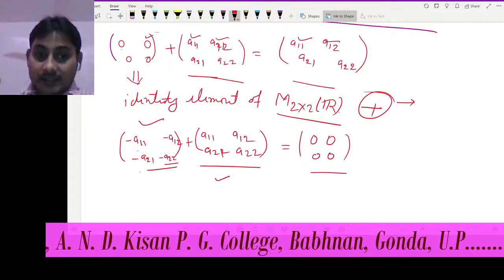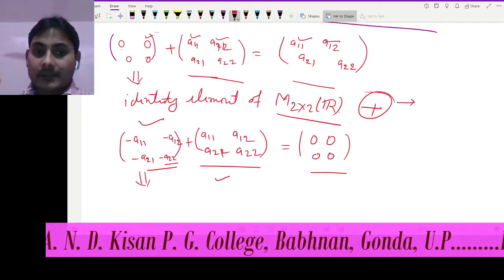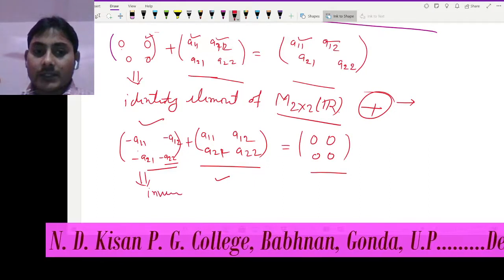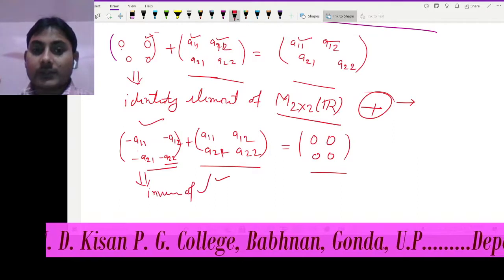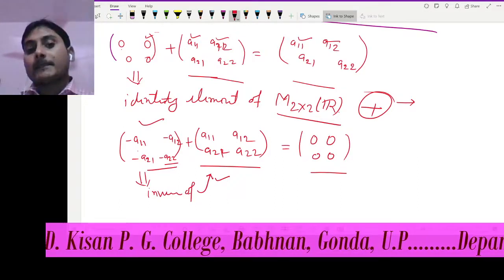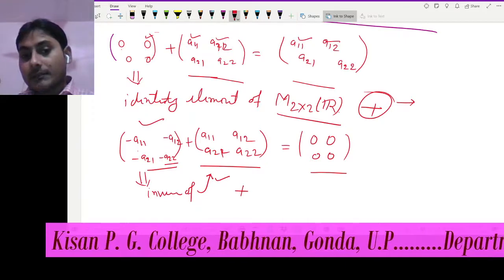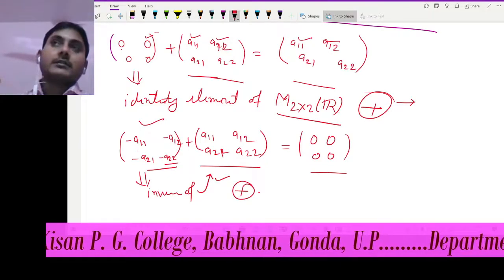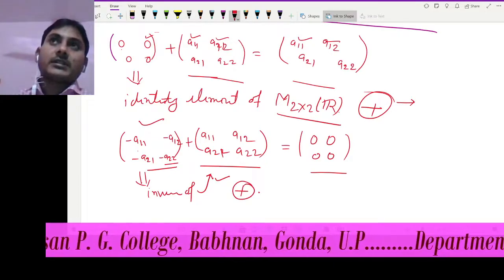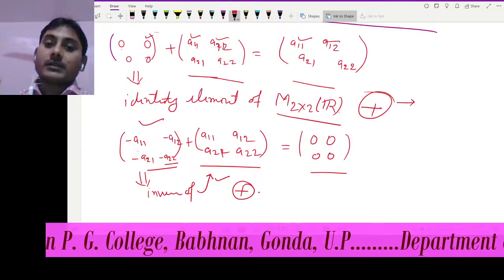It means this particular element is the inverse of this matrix with respect to the matrix addition operation.